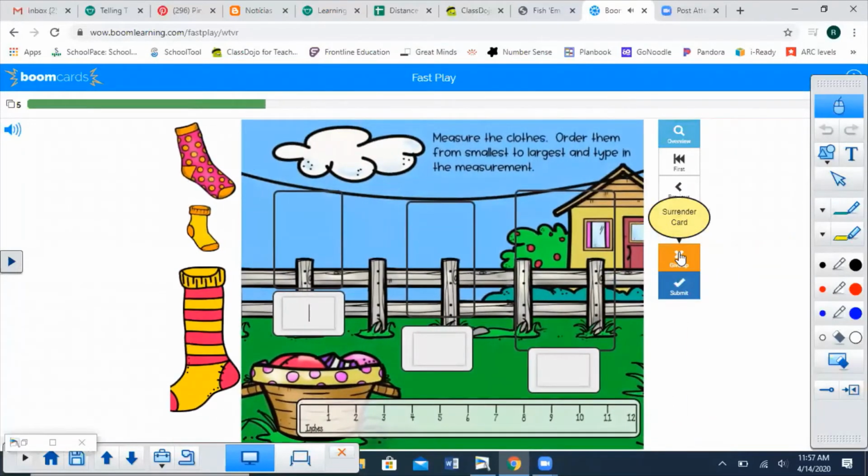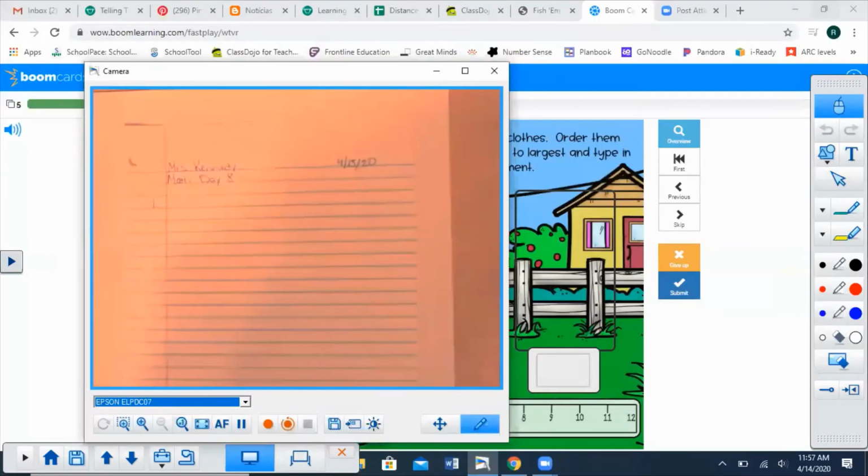And this is where you are going to need your paper. I need to open this up. We're going to do both of them together.